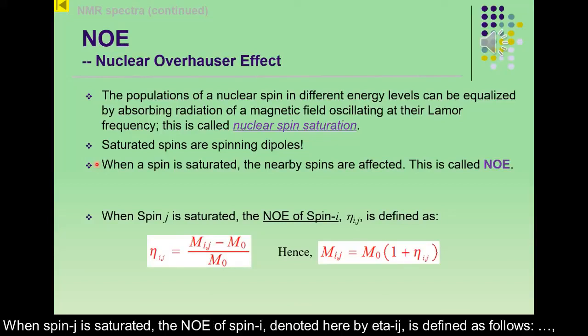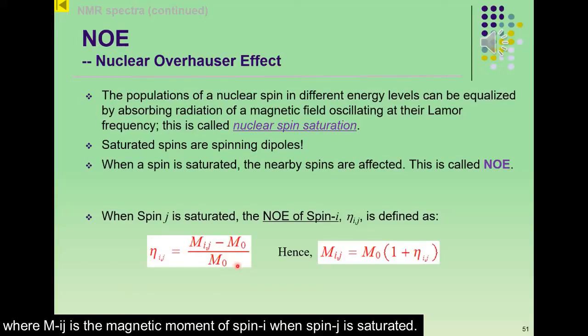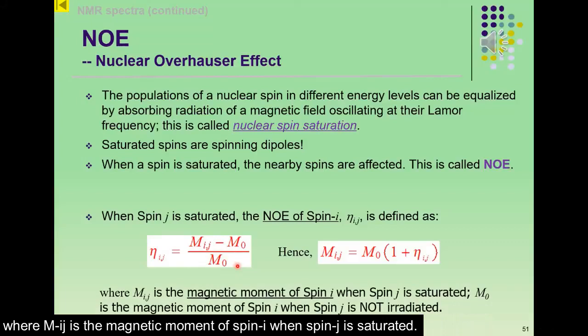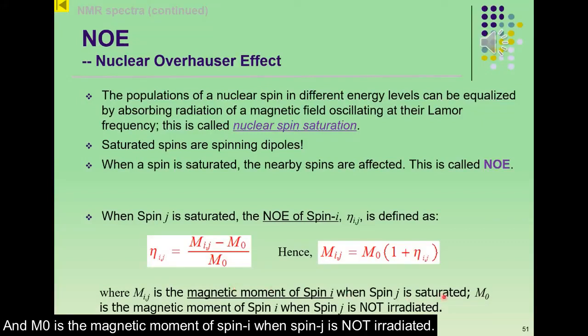When spin J is saturated, the NOE of spin I, denoted here by eta_ij, is defined as follows. eta_ij equals (M_ij minus M_0) divided by M_0, where M_ij is the magnetic moment of spin I when spin J is saturated, and M_0 is the magnetic moment of spin I when spin J is not irradiated.